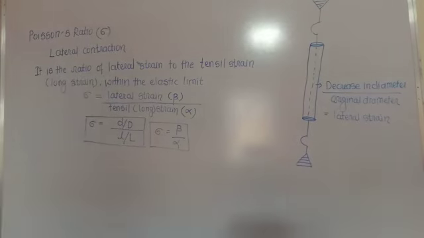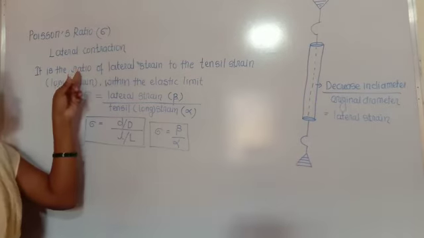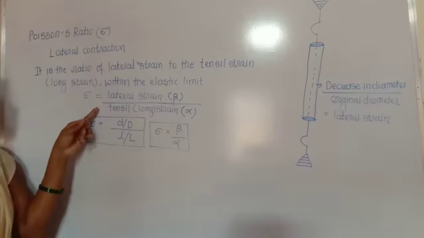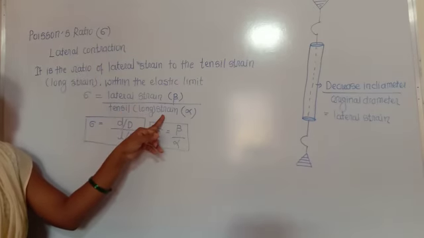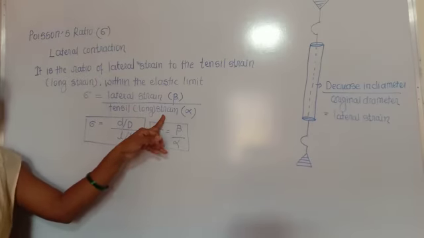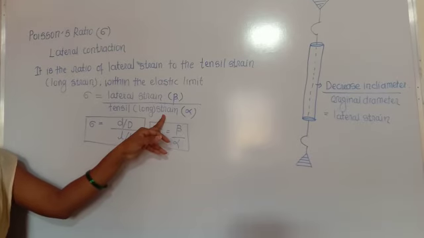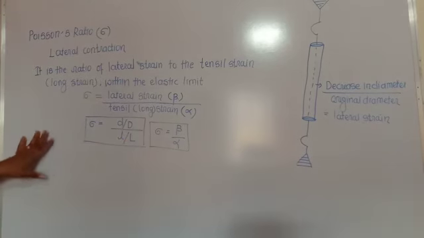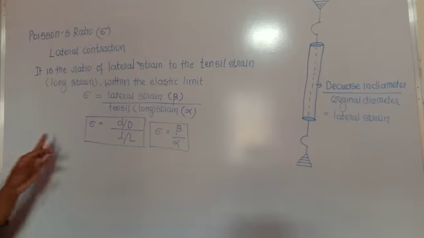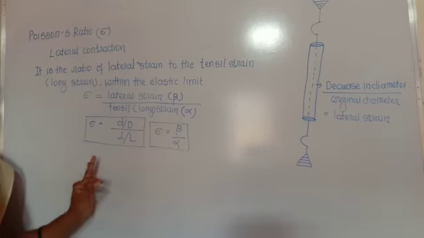As we see, Poisson's ratio is the ratio of the same kind of strain and strain. So that's why Poisson's ratio is a dimensionless quantity with no unit. It has no dimension and no unit, and it has a specific value for a specific material.